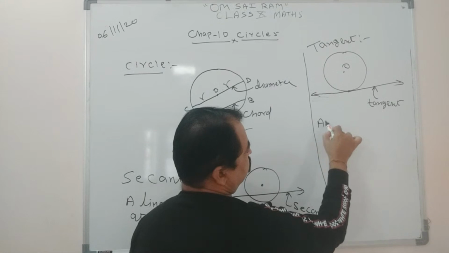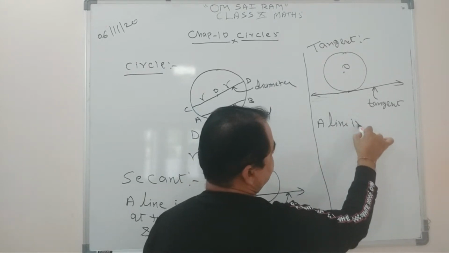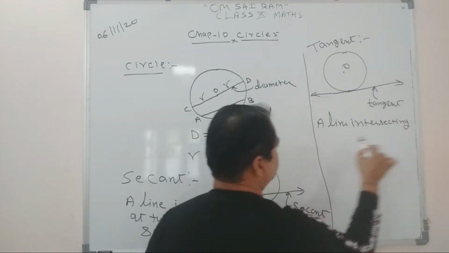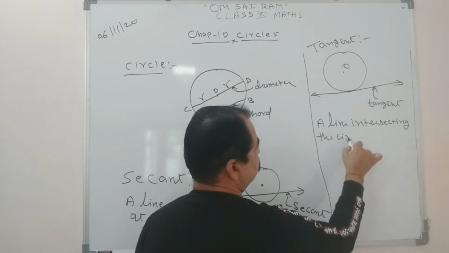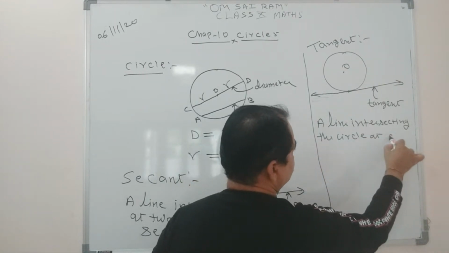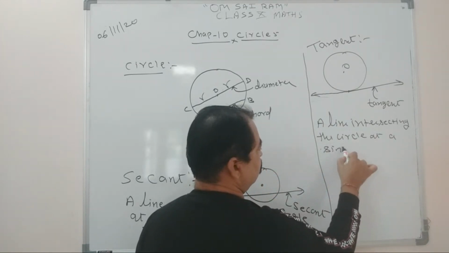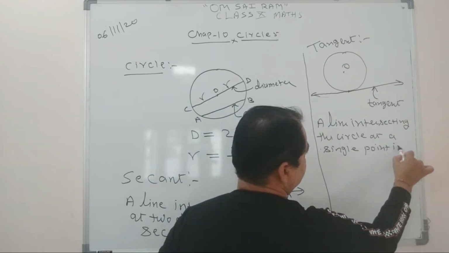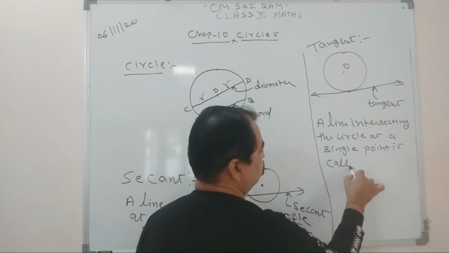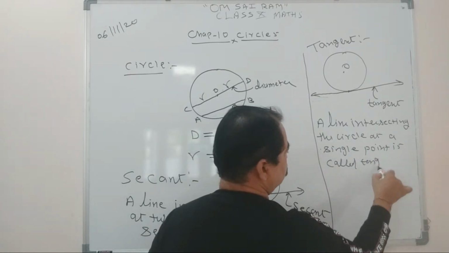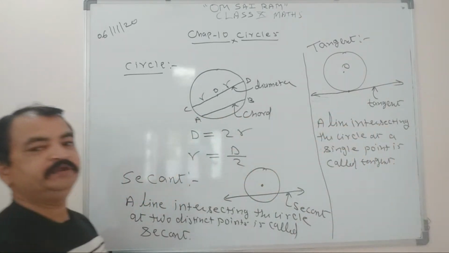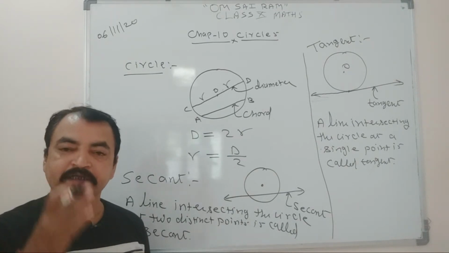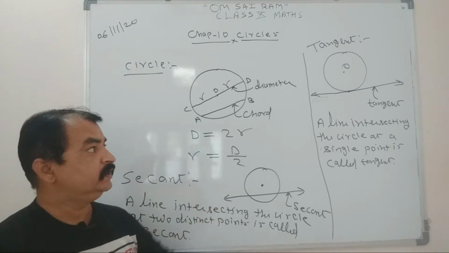So a line intersecting the circle at a single point is called tangent. So this is the definition for tangent. A line, I'll again repeat, a line intersecting the circle at a single point is called the tangent.